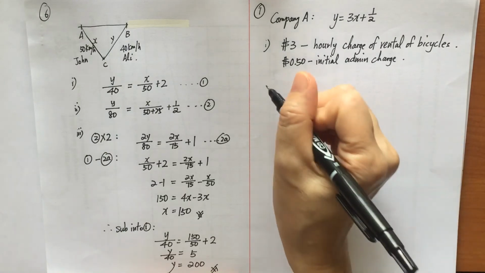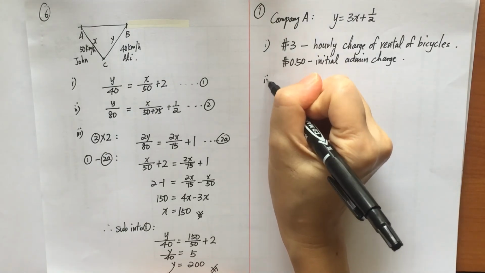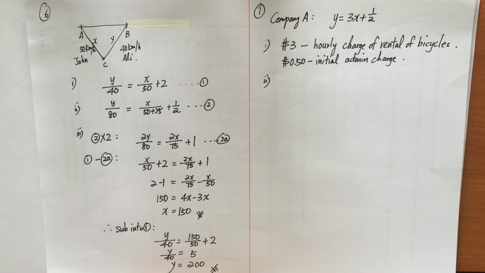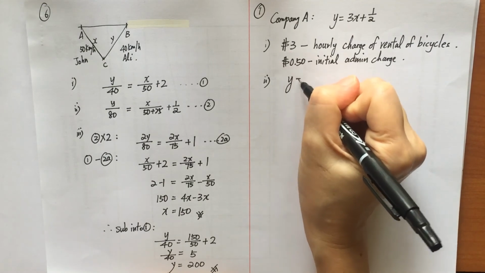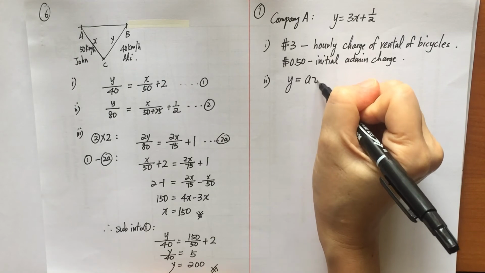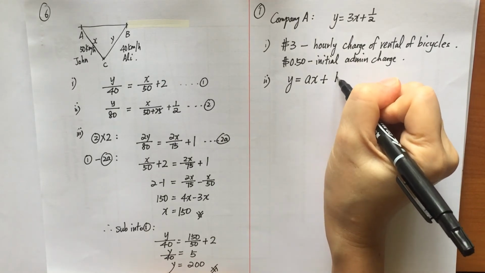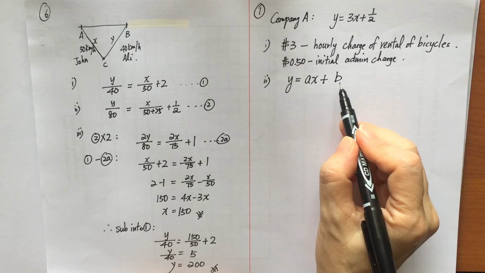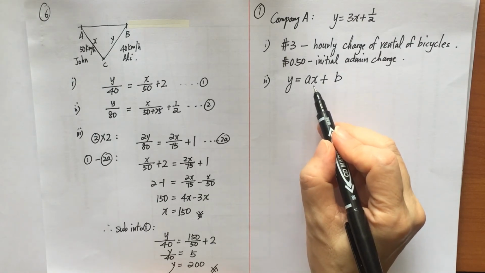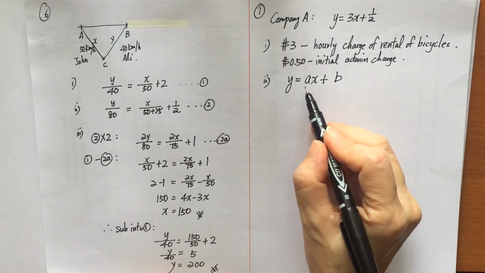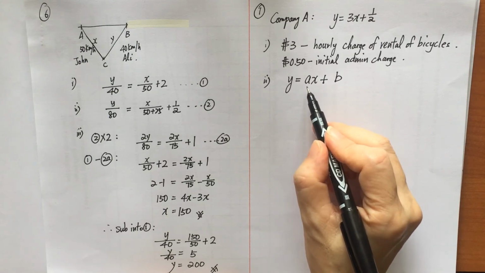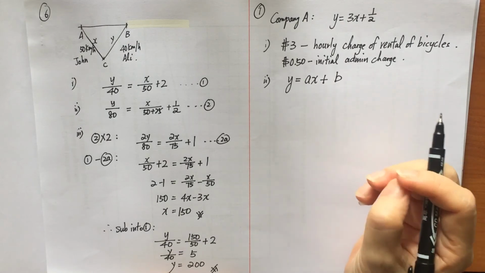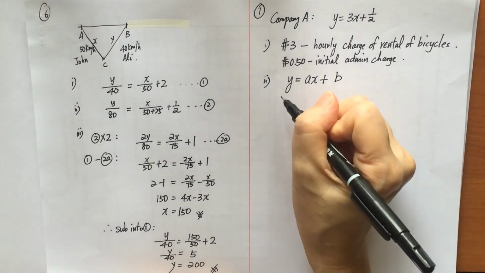Okay, that's the first part. Then the second part, you are given a table, and this company B is the same as company A. So the equation that we can form is y equals ax plus b also. b is the initial admin charges, x is the number of hours, and a is the rental per hour. We do not know what a and b are, but we can use the table to help us find them.